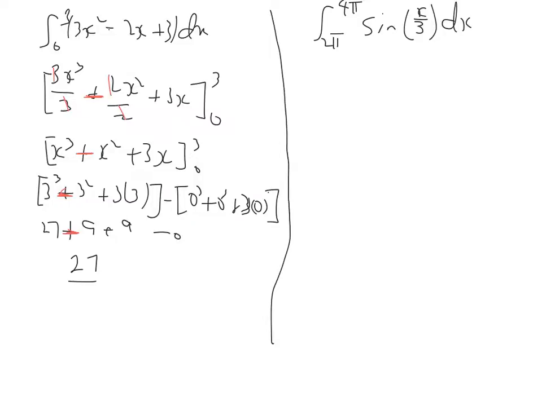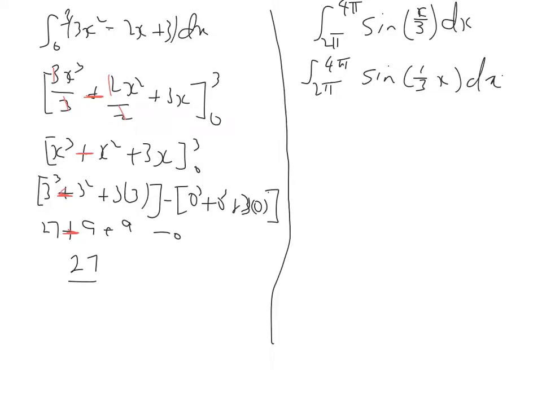So we're anti-differentiating sine of x on 3. I'll rewrite this as 4 pi, and we always put our larger limit at the top, 2 pi. And I'm going to write this as sine of 1 over 3 x dx, just because it makes it easy to work with.